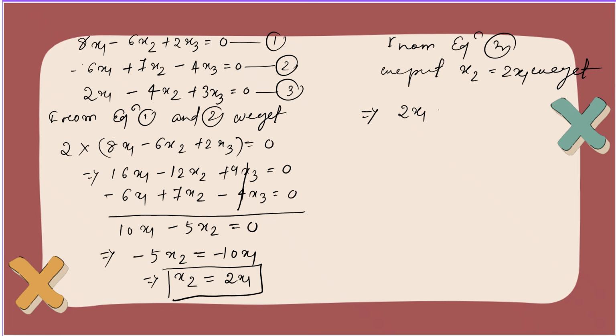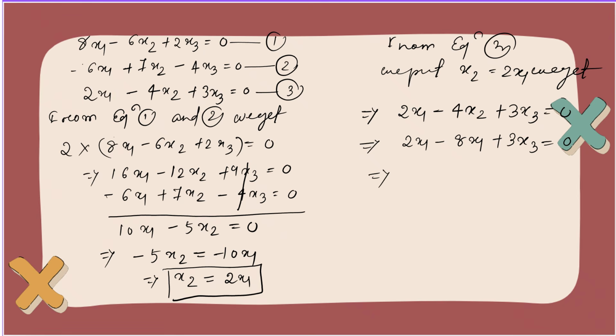First step, write the equation minus 4x2 plus 3x3 is equal to 0. Here we have to put x2 is equal to 2x1. So you get 2x1 minus 8x1 plus 3x3 is equal to 0.